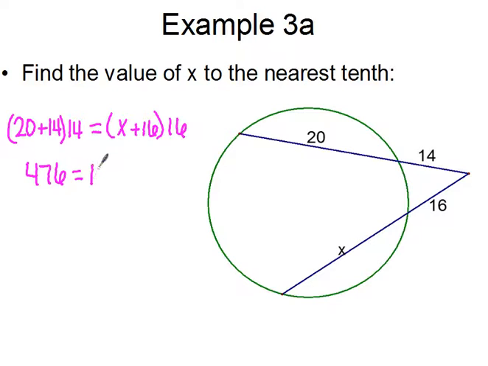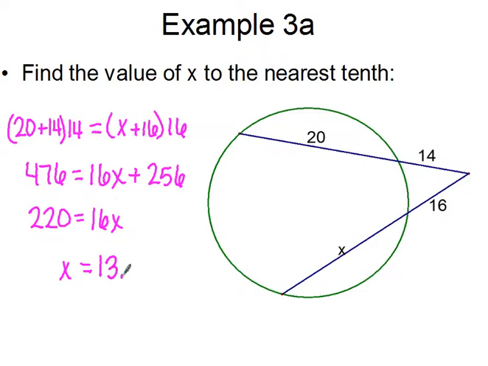Over here you have to distribute. And then we need to solve, so we're going to subtract 256 from both sides. And divide by 16. And we get 13.8 if we round to the nearest tenth, like they said up here.